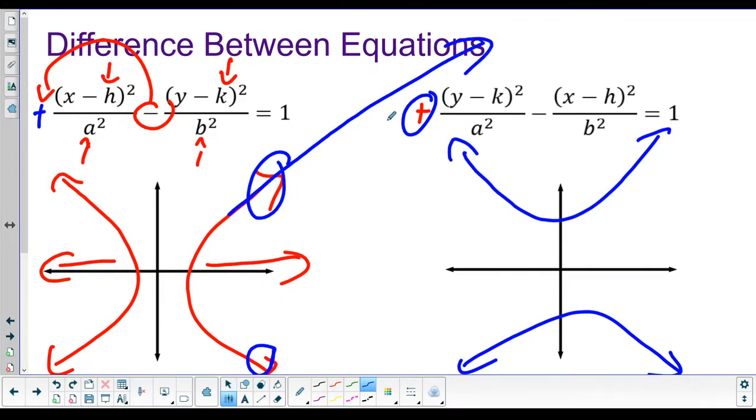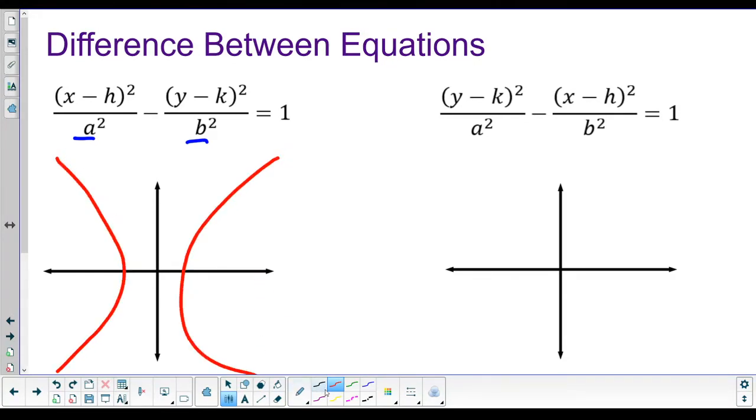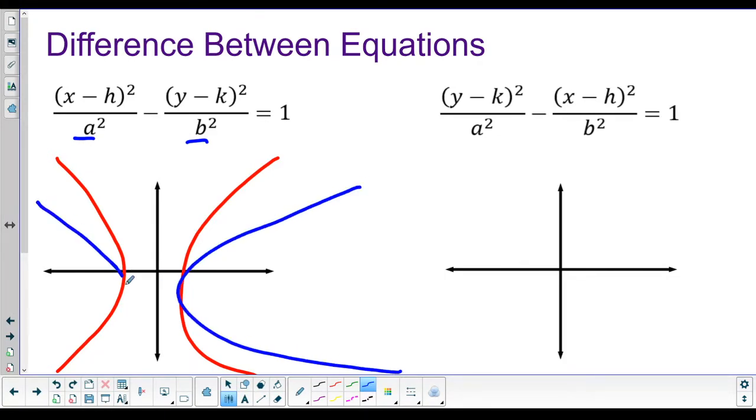If something goes forever in a direction, it's hard to quantify how big it is. But what a and b will do is tell us the difference between a hyperbola that looks like this and maybe a hyperbola that looks like that. They adjust how wide or how narrow and skinny the hyperbola is.